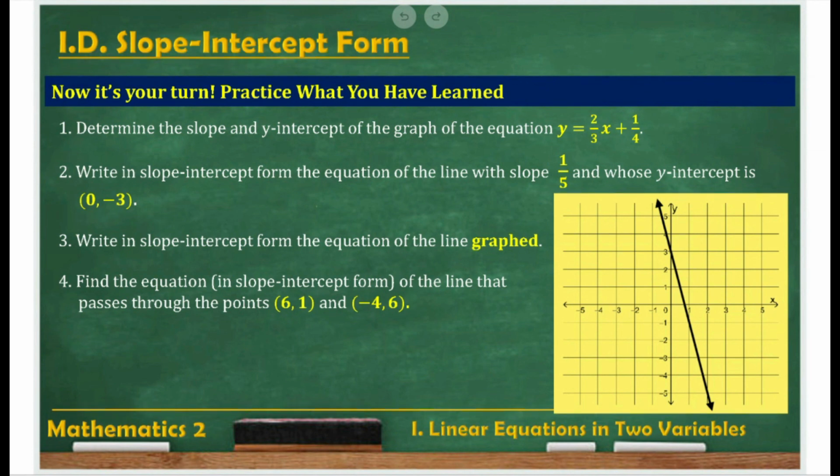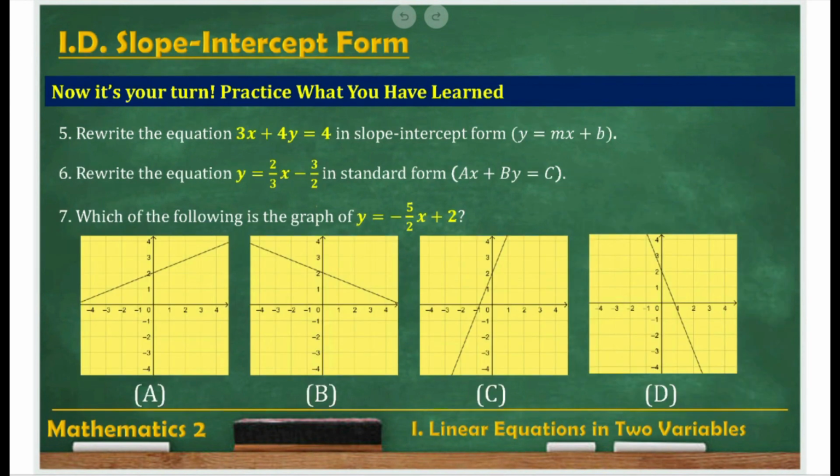Number 4, find the equation in slope-intercept form of the line that passes through the points 6, 1 and negative 4, 6. Number 5, rewrite the equation 3x plus 4y equals 4 in slope-intercept form y equals mx plus b.